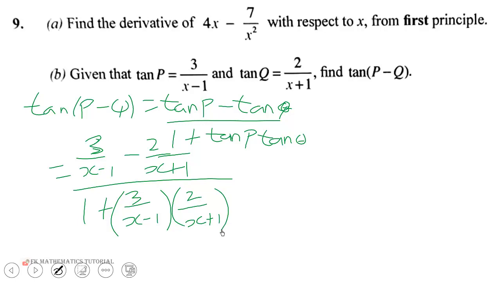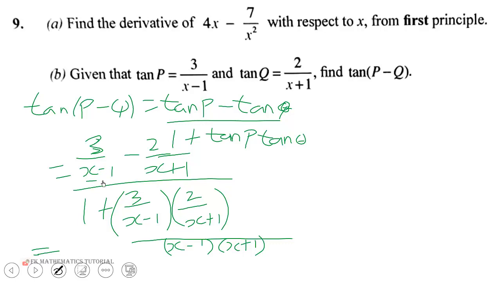So we have to simplify further. We take the LCM for the numerator, and that will give us x minus 1, x plus 1.